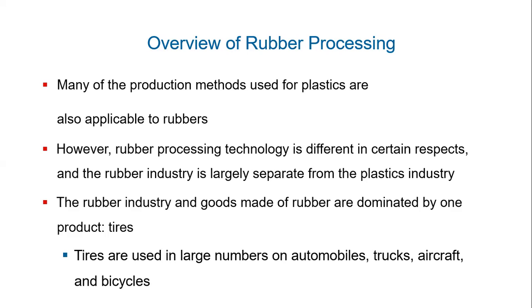About 70 to 80% of the rubber is being used in the tire industry. And as you know, tires need to be changed frequently, so there is a lot of consumption of tires, and rubbers are used to manufacture these tires.